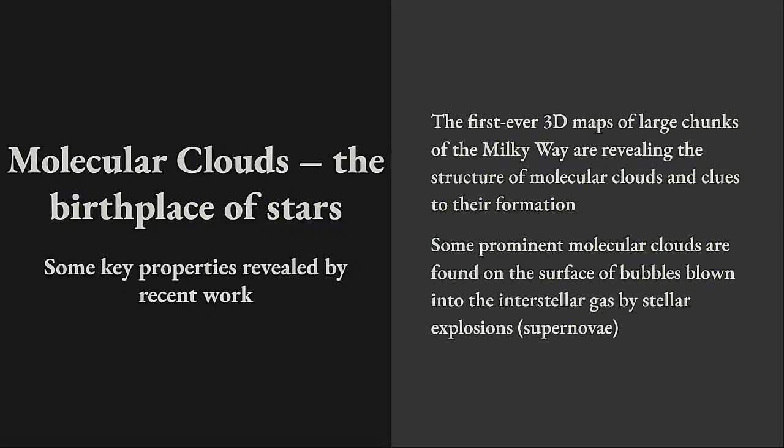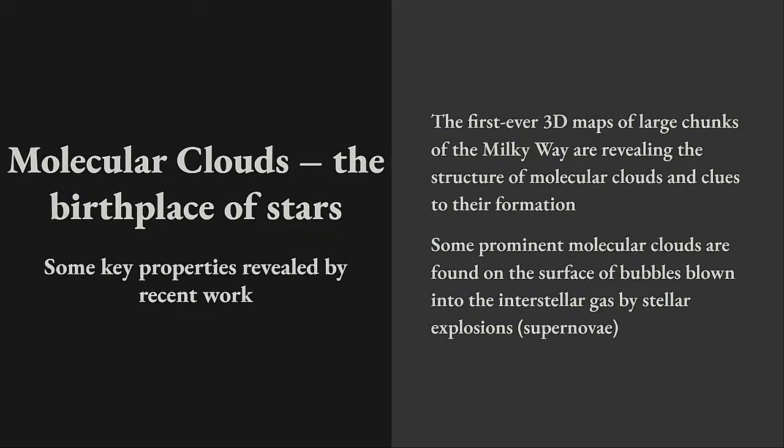There's actually been some really wonderful and revealing work studying molecular clouds in just the past couple of years. And it is entirely changing the way that we view the structure of the Milky Way galaxy, quite literally. So we now, for the first time, have three-dimensional maps of large chunks of the galaxy, which tell us how molecular clouds are structured and provide clues to their formation, telling us where these birthplaces of stars come from.